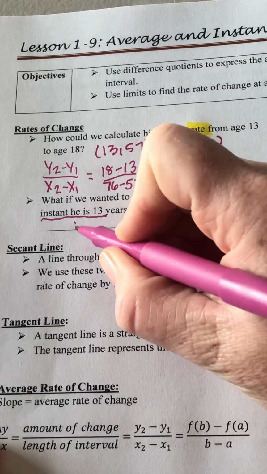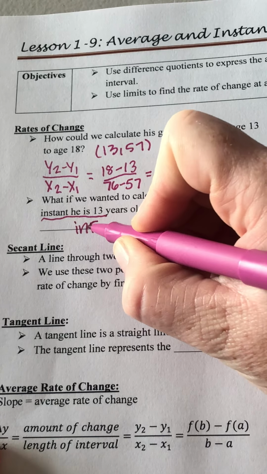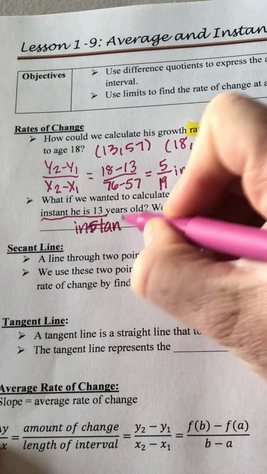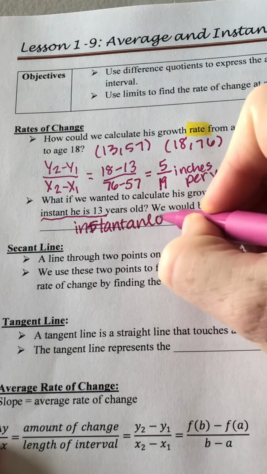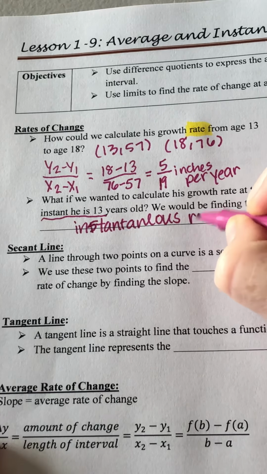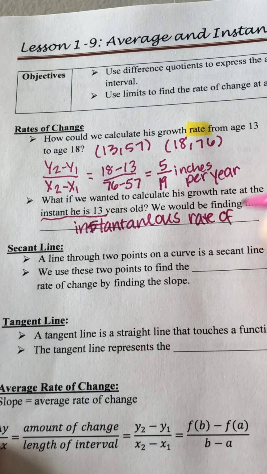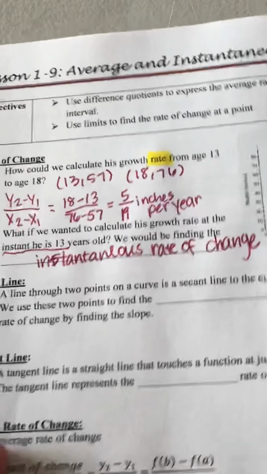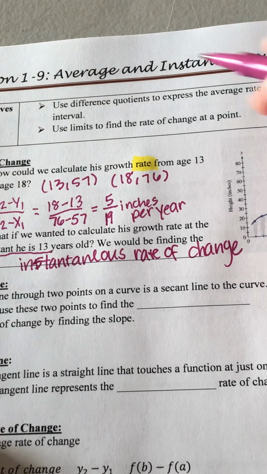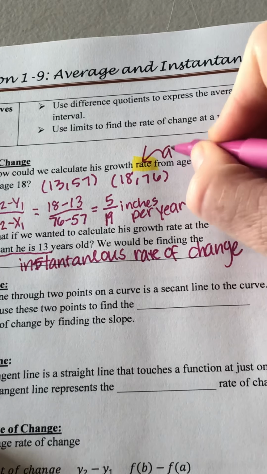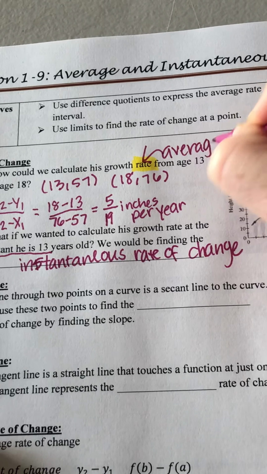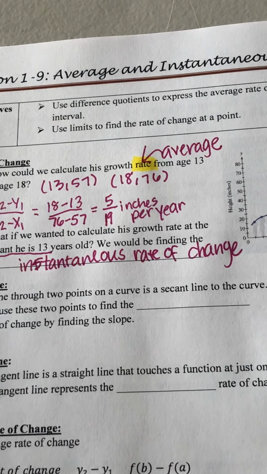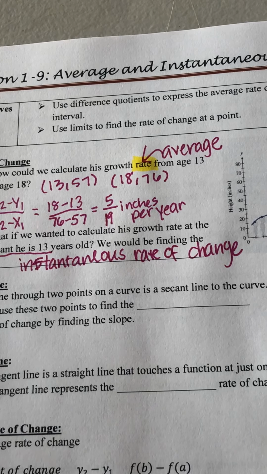We will be finding the instantaneous rate of change. Okay, and what we found above, the slope here, was the average rate of change. Okay, we'll talk more about instantaneous as we move on in the notes.